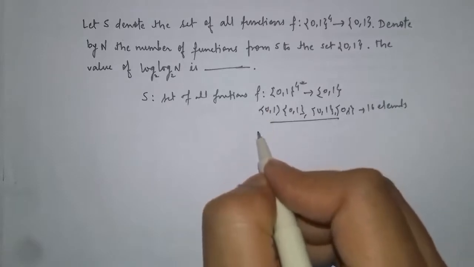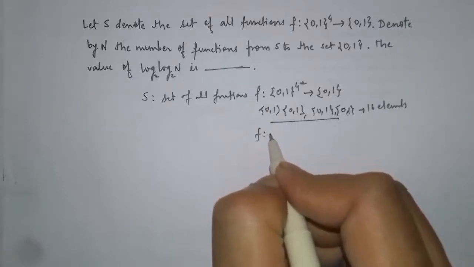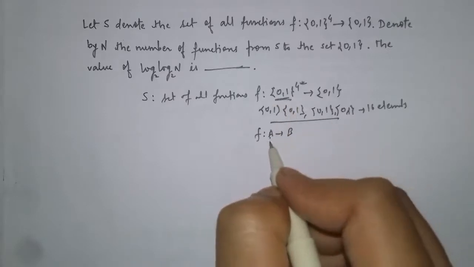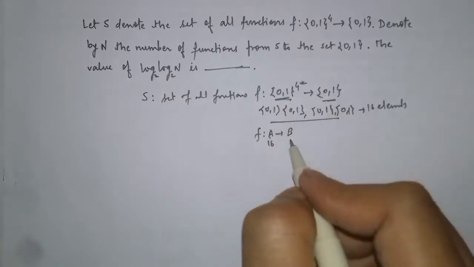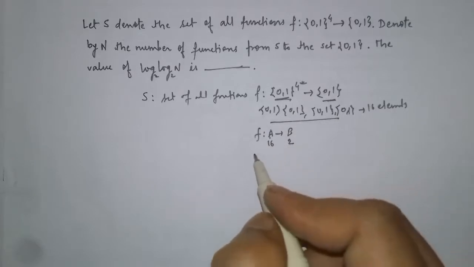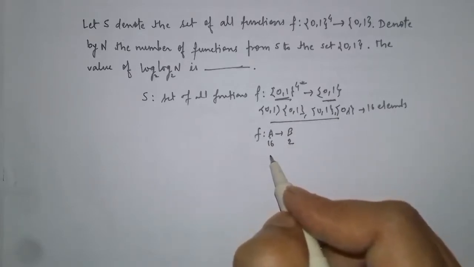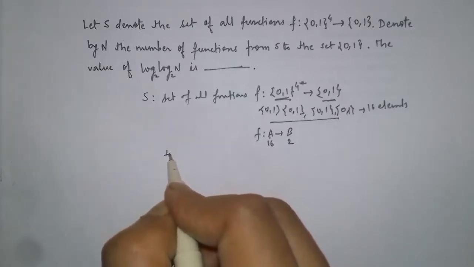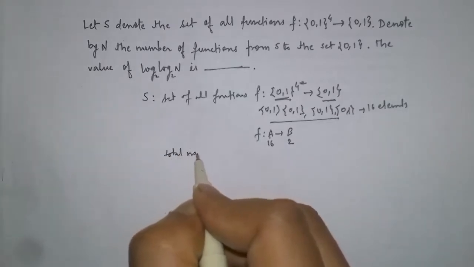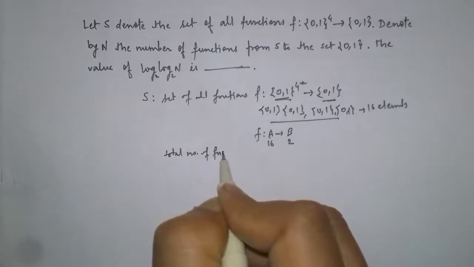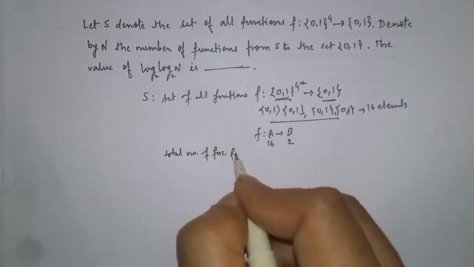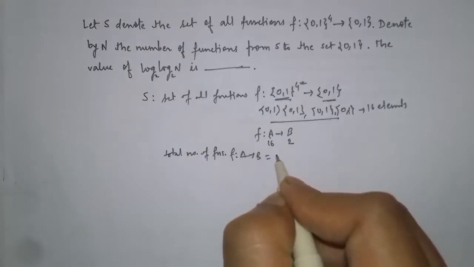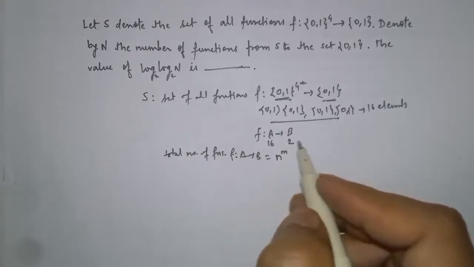Suppose f is a function from set A to B. Set A will have 16 elements and set B clearly has 2 elements. So if you apply the formula, the total number of functions from set A to set B is n to the power m.